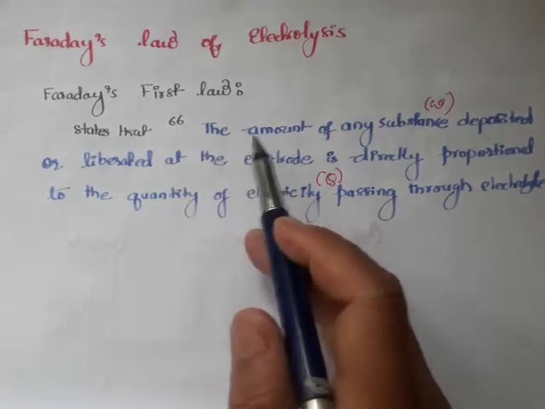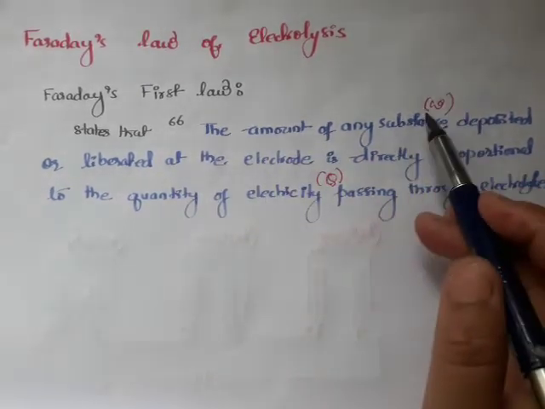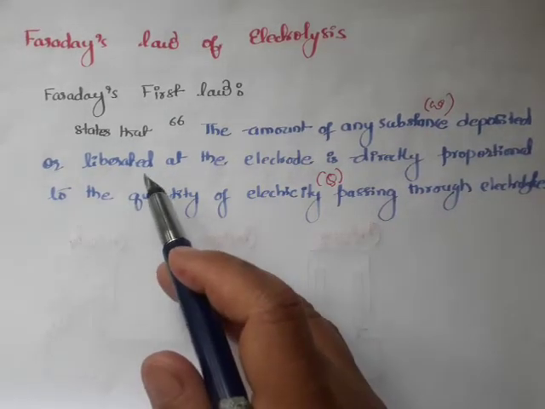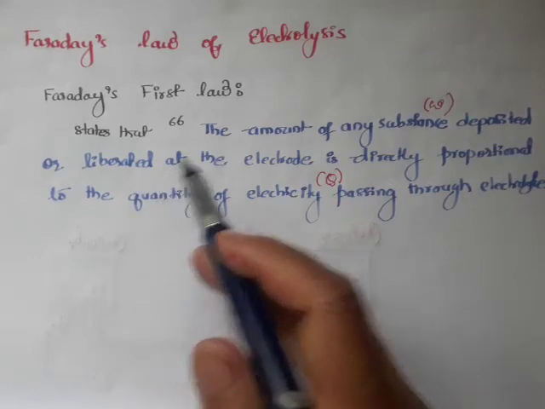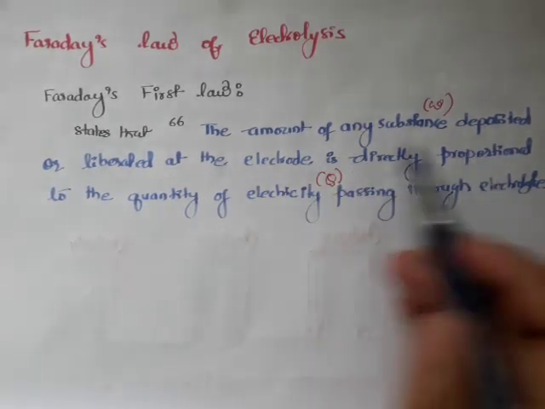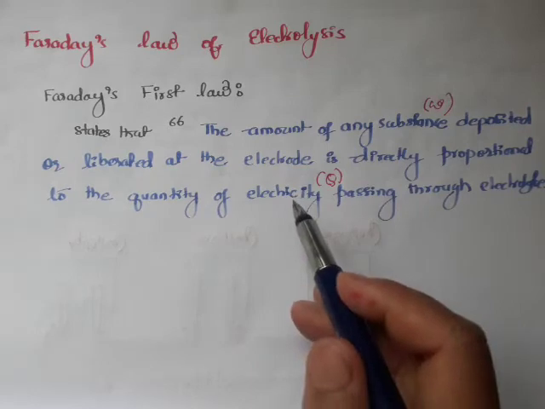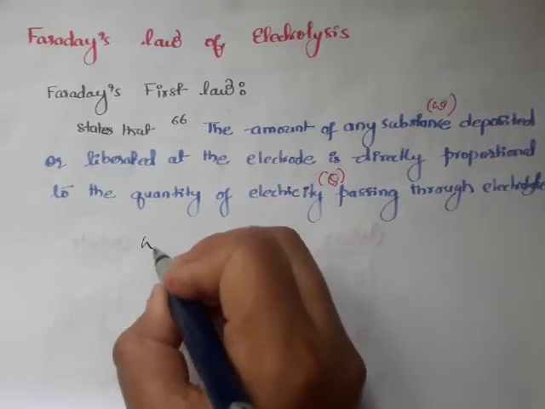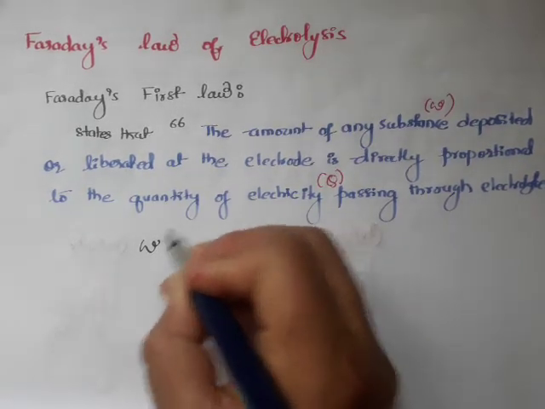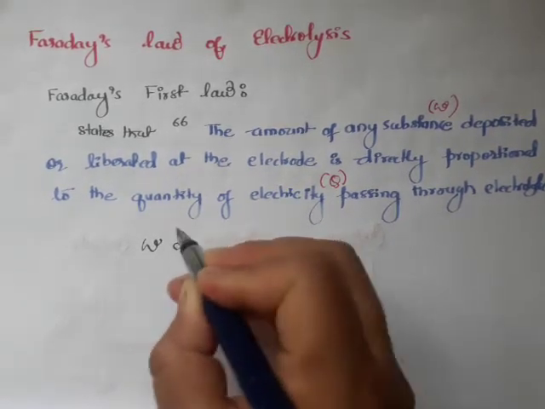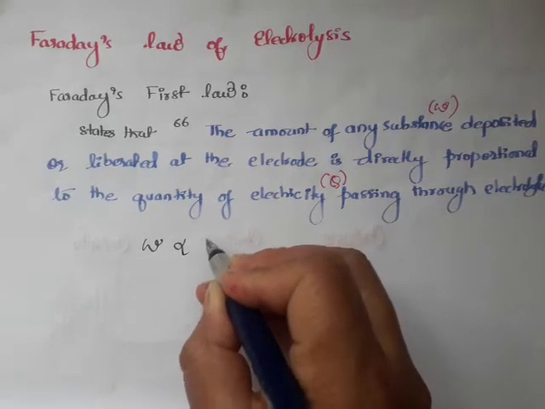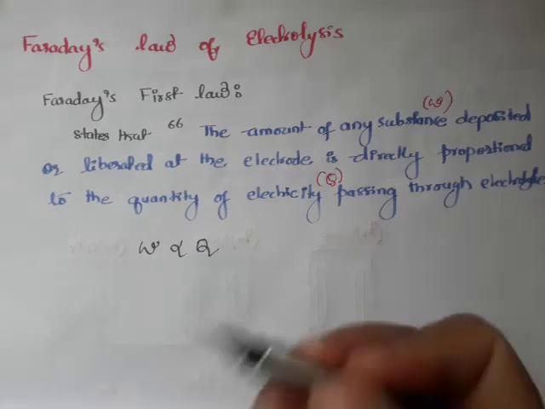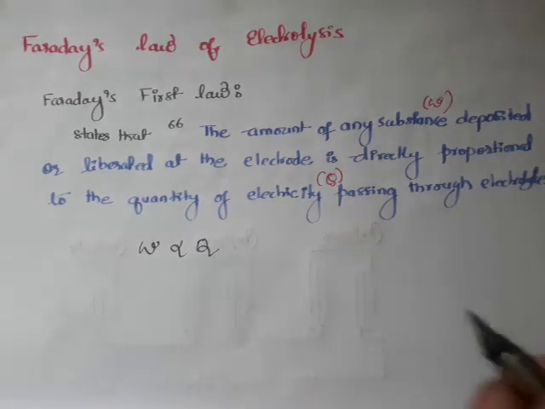It states that the amount of substance, generally denoted by W, deposited or liberated at the electrode is directly proportional to the quantity of electricity passing through the electrolyte. So more electricity means more of the substance will be deposited or liberated.